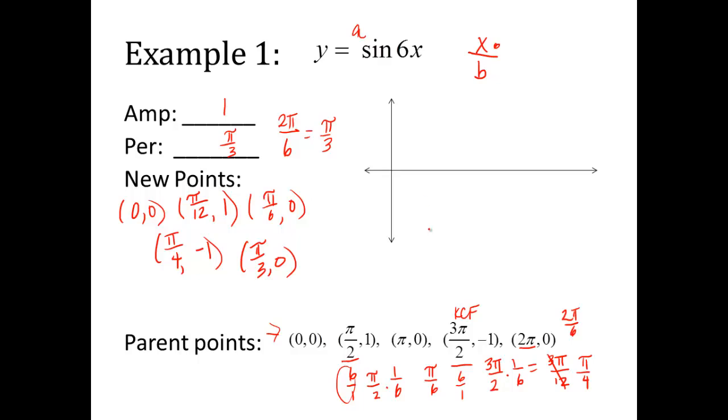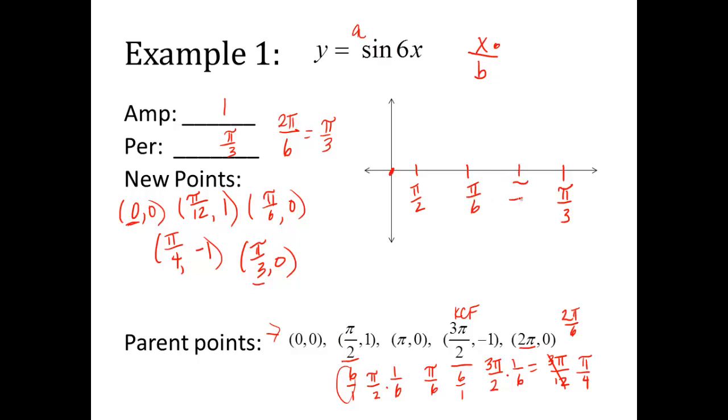Alright, now on these, you're not going to plot the parent function. You're just going to plot the new points that you have. Okay, so look at your x values. They go from 0 to pi over 3. So I'm going to put pi over 3 over here. 0 is where it is. Alright, the next one is pi over 12. Pi over 6.